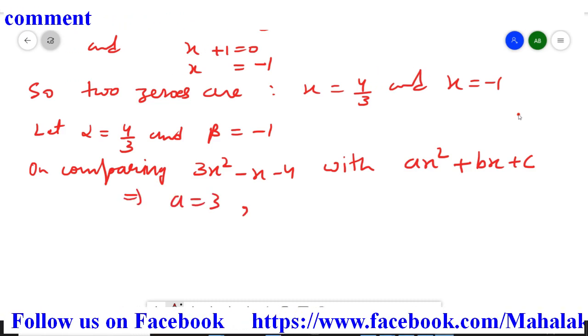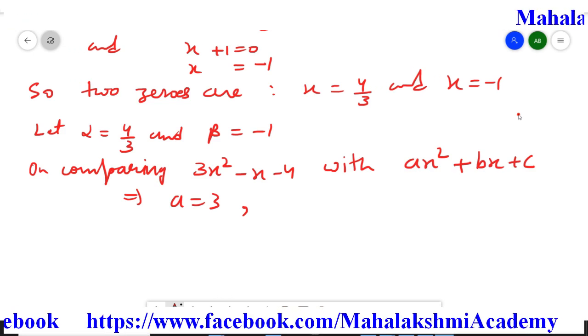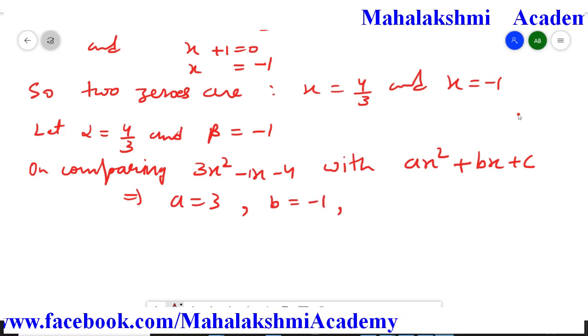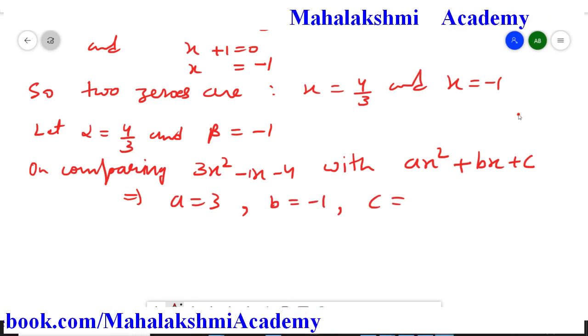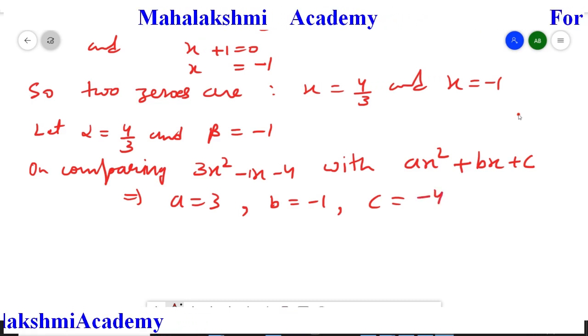Now b is the coefficient of x here, so what is the coefficient of x here? Minus 1, because nothing is there means 1 is there, so b is minus 1 and c is the constant term. So what is the constant term here? Constant term is without x, so minus 4.